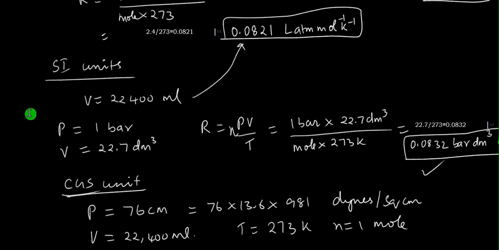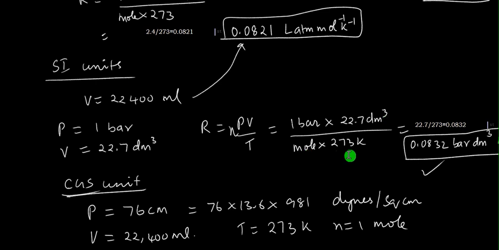Suppose you take the R value in SI units, then volume we can take as 22,400 ml, pressure as 1 bar. Volume you can convert into decimeter cube, that is 22.7 decimeter cube. Again, if you substitute the values in R equal to PV by T, where n equal to 1 for 1 mole, pressure is 1 bar, volume is 22.7 decimeter cube, and 273 Kelvin.